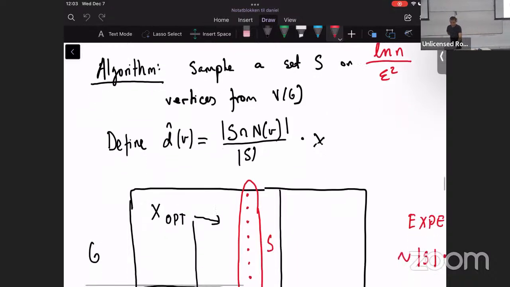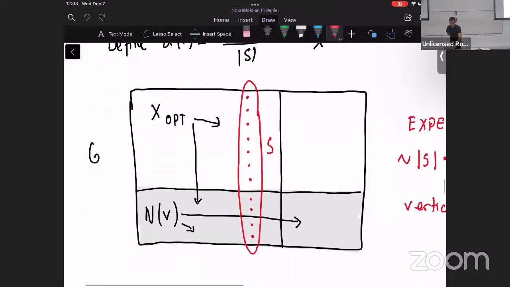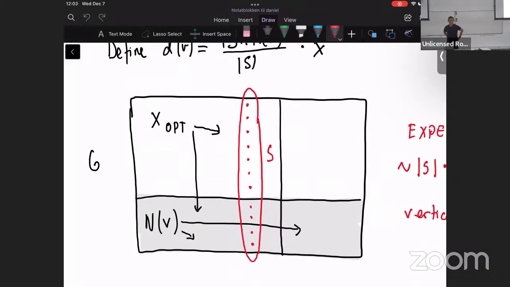Okay, so now what's going on? I'm picking my sample uniformly at random from my solution. The left side in this picture is X opt, and I expect my entire sample to be on the left side, inside X opt. What I want to do is estimate for every vertex its degree into the optimum solution.